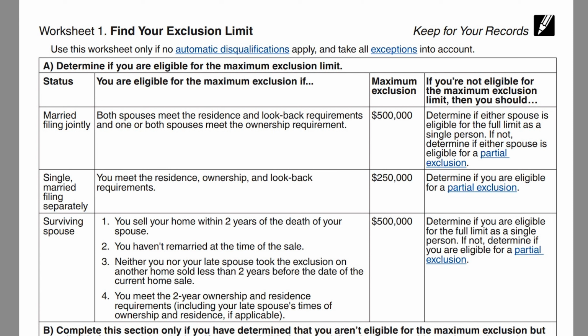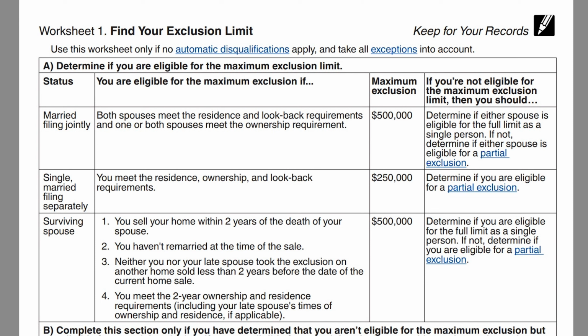The top of this worksheet, Part A, talks about the maximum exclusion. So let's talk about the requirements for the maximum exclusion. There is what's known as the ownership and use rule. The ownership rule means that you must have owned the home, not necessarily used it, for at least 2 out of the previous 5 years.